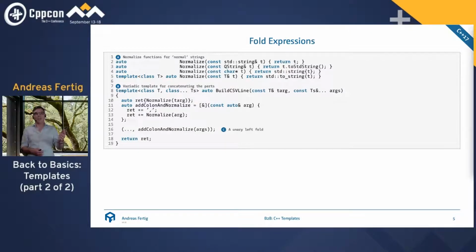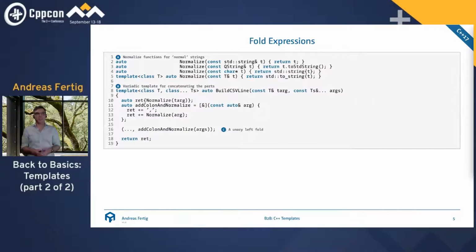And then I once again have this lambda in place. This time it's called add comma and normalize. It's once again a generic lambda taking a const auto ref for arg, and instead of writing it to cout, it now captures by reference the ret variable and appends the comma to it and adds the normalized version of arg. And arg is the thing I'm passing into this lambda.